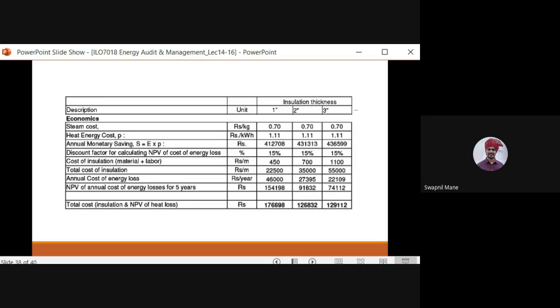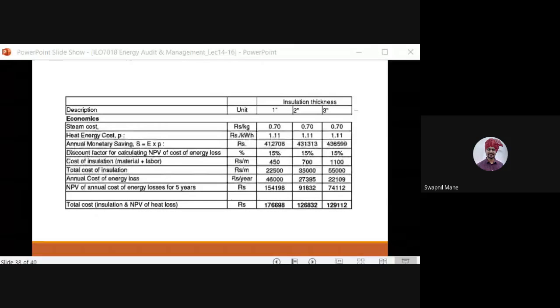Okay, before we end up with the insulation part, I would like to tell you the difference between the critical thickness and economic insulation. So optimum insulation is the insulation at which the capital expenditure is lesser. And how can we calculate the insulation of the material?